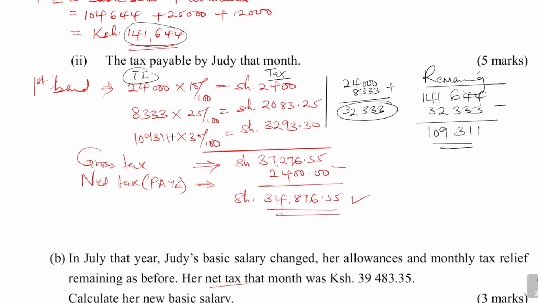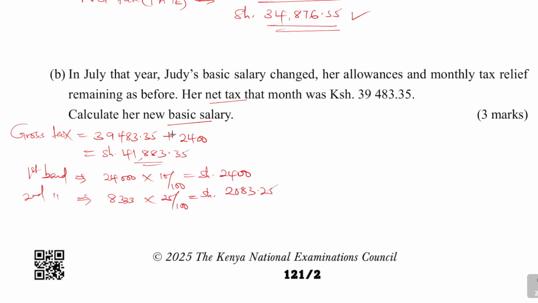We are doing what we call backward taxation. In this column we have the tax, the gross tax, and these are the two taxes.